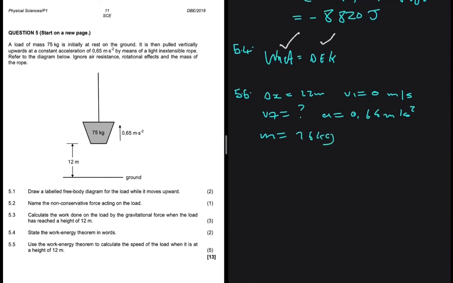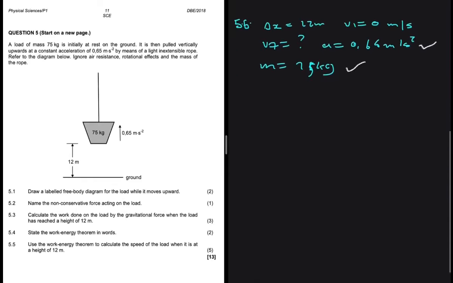But then I think here the key to this question, depending on which approach you use, right, is realizing that we have the mass and the acceleration. So we essentially have F net, because we know that F net is equal to ma, right? So now we can say that work net is equal to the change in EK.